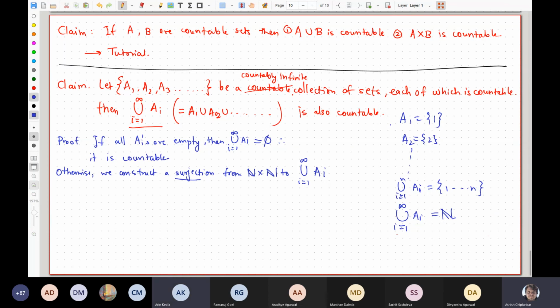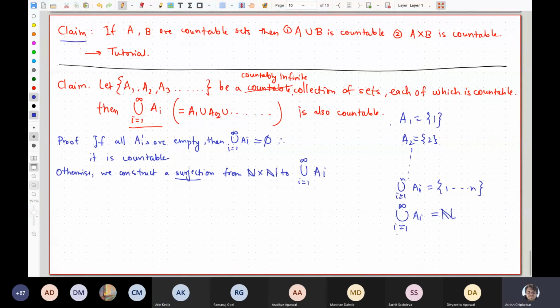Yes. So what I'm saying is, we can only use induction on the set of natural numbers, but we have a bijection from this set A1, A2, A3 to the natural numbers. Fine. So I think induction can be used. That's what I'm saying. Okay.